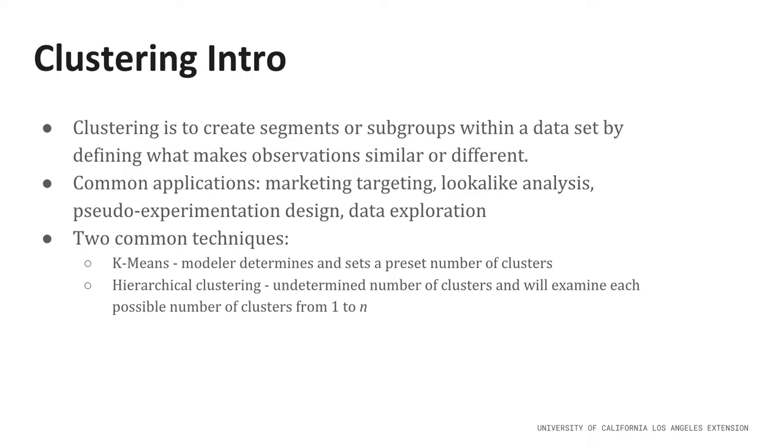Another example is lookalike analysis. Again, with recommendation engines, people who look at the same items will probably purchase the same items. People who like a certain type of TV show will probably like another type of TV show. Another example is experimentation design. Often you don't have the opportunity to set up a perfect test and control.